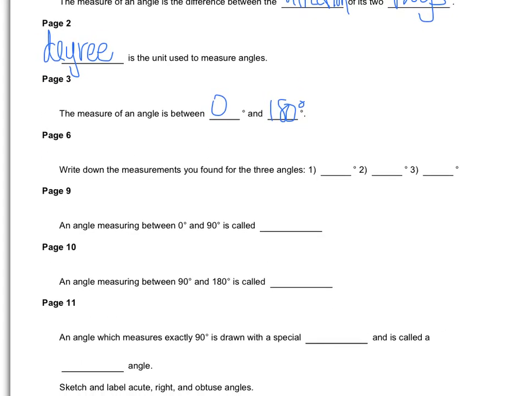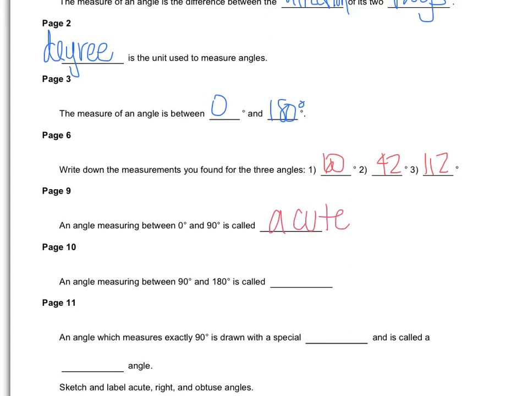So if you were to make up 3 angle measures, an angle measure could be 60, it could be 42, or it could be 112. Those are all possibilities. All right, an angle that measures between 0 and 90 is called an acute angle. Easiest way to remember it is it's a cute little angle.